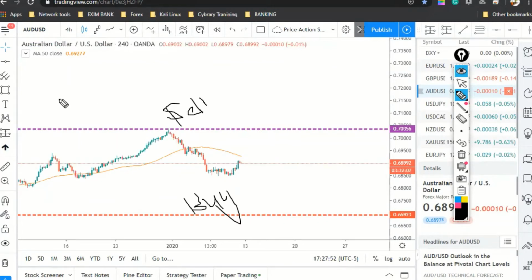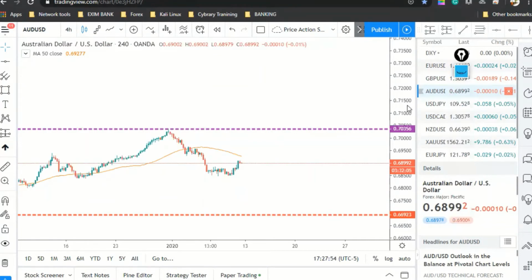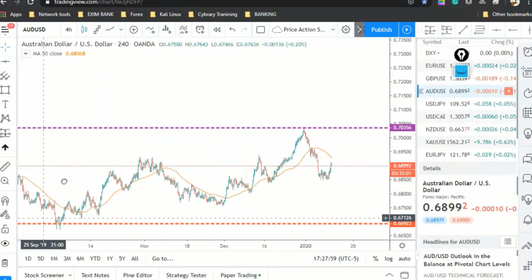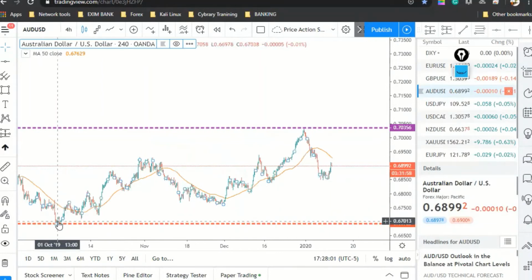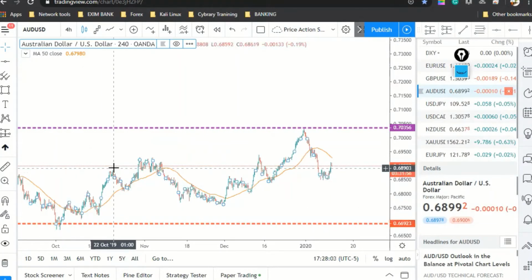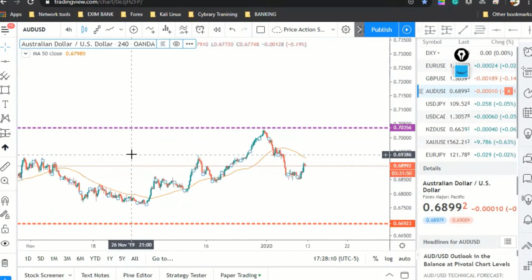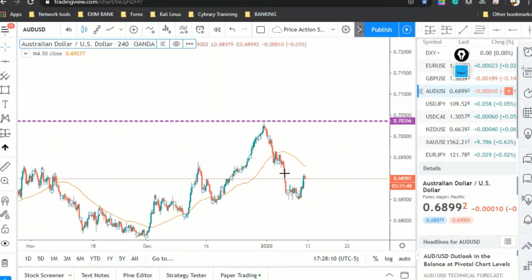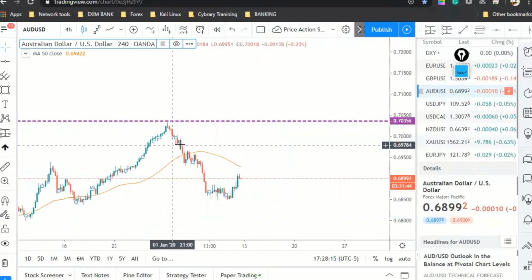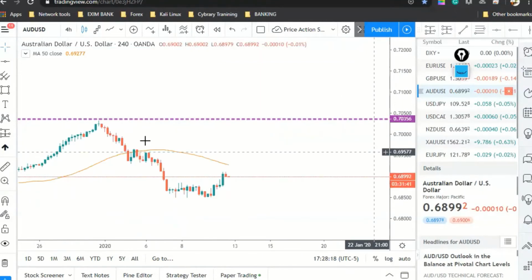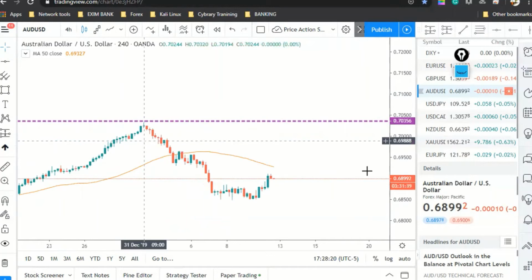Now, let's say we wait. Price is down here from October 19th, and we place our support and resistance zone on the daily chart, and we wait until price comes to that area. When price comes to that area, then we look for a sell or a buy.